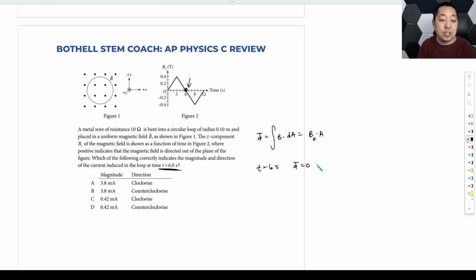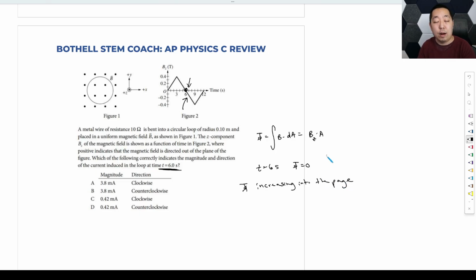It just means the flux is 0, but it's changing. The change of the flux is that it's going to be creating magnetic field into the page, right? Because it's negative magnetic field, so we have flux into the page, and it's increasing into the page. So the flux is increasing into the page.